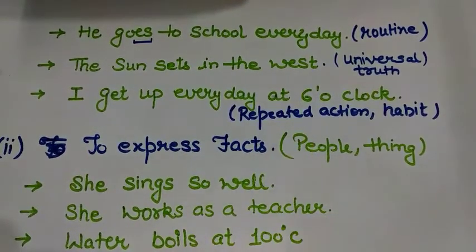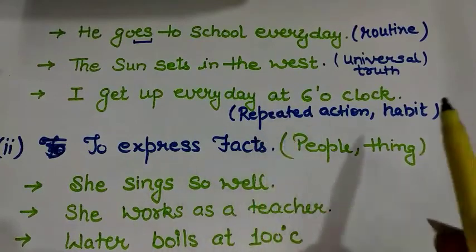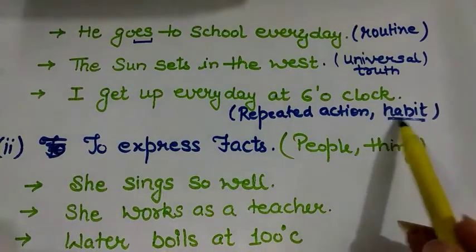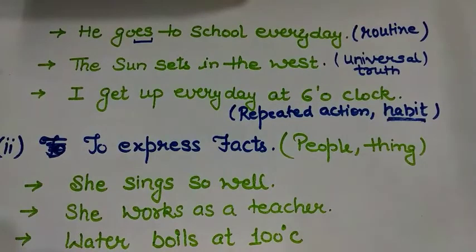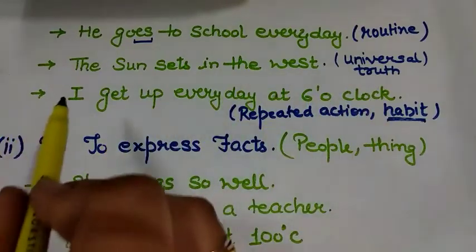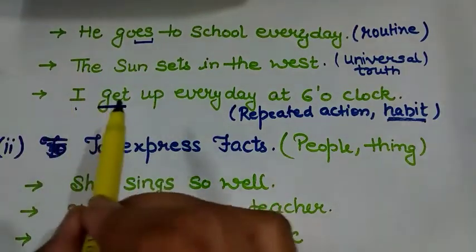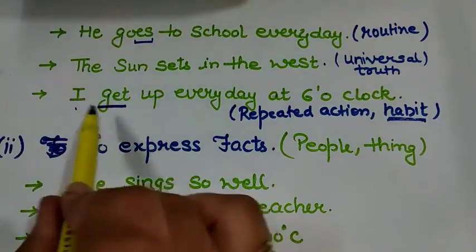See, if one person is getting up early at 6 o'clock every day, it is a repeated action. Also, it can be considered as a habit because he is doing it on a regular basis. So, we can use what? Simple present tense. See, I used I and I used verb get here. There is no s with I.